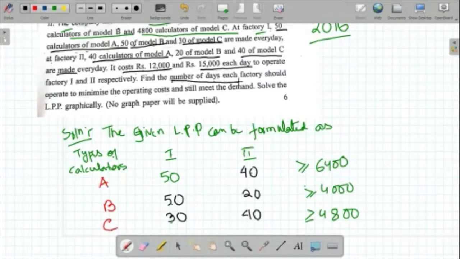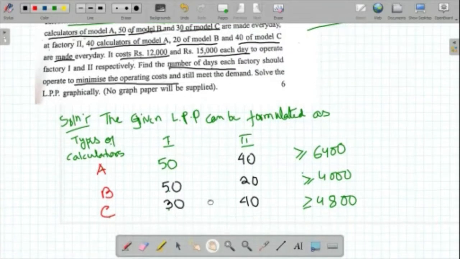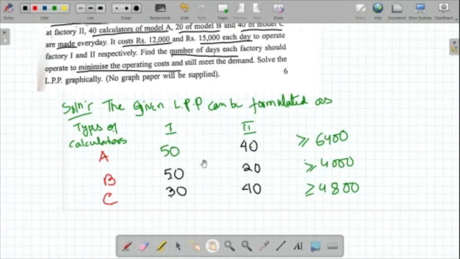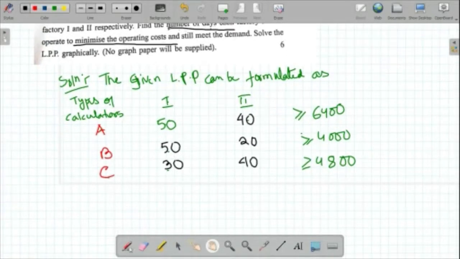Find the number of days each factory should operate so that the operating cost is minimized, right? Minimize the operating cost. So this is a minimization question, and we must find the number of days for factory 1 and factory 2.